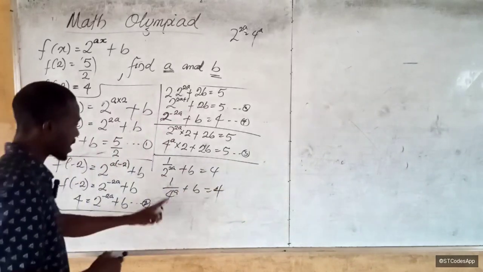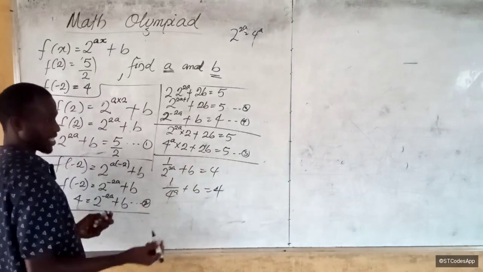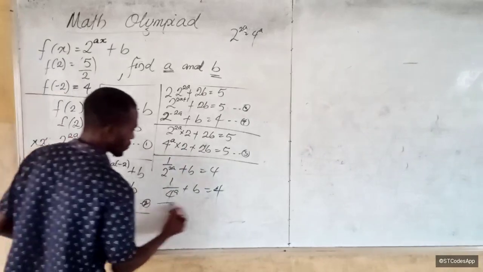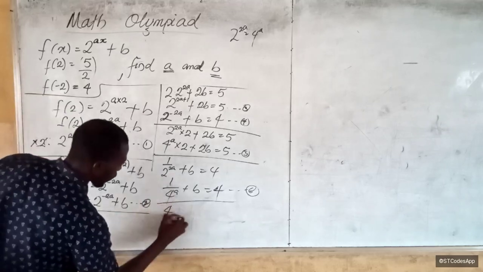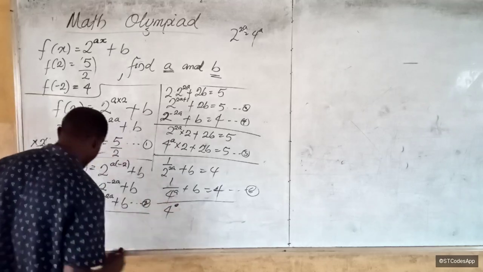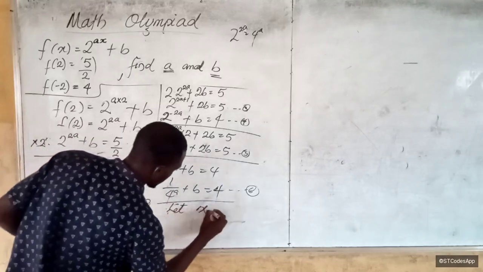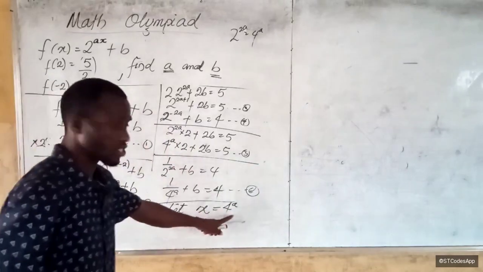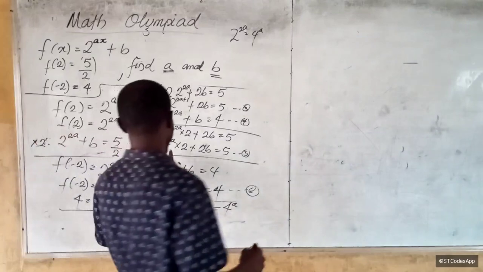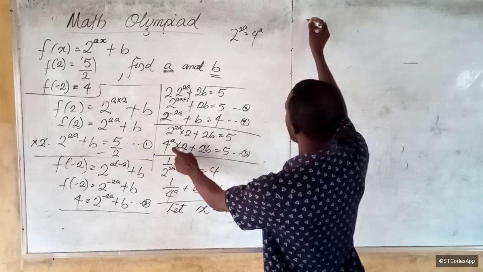Since we have 4 raised to the power a in both, we can substitute. Let x be equal to 4 raised to the power a. So in equation 5, 4 raised to the power a will now be x.